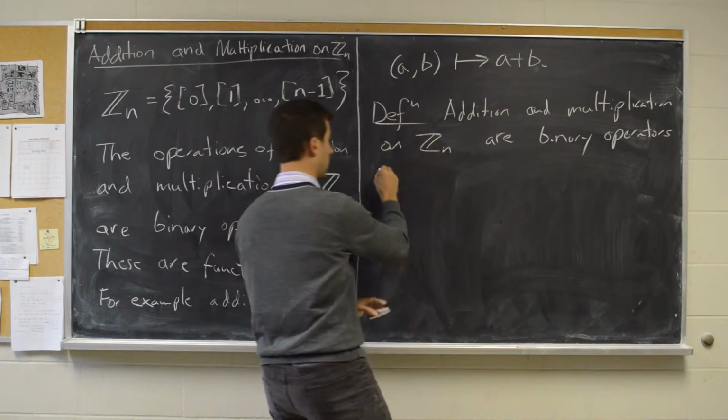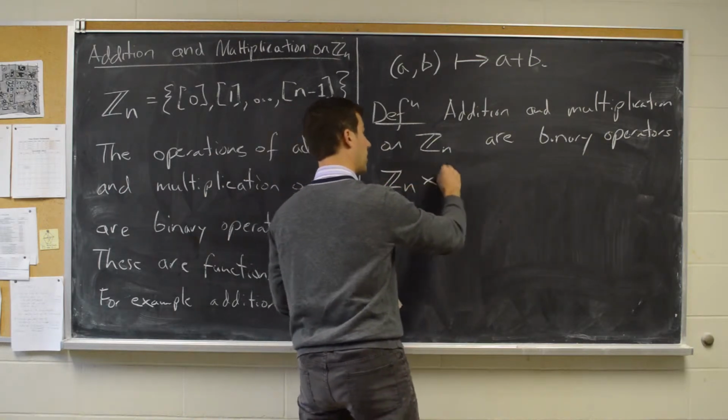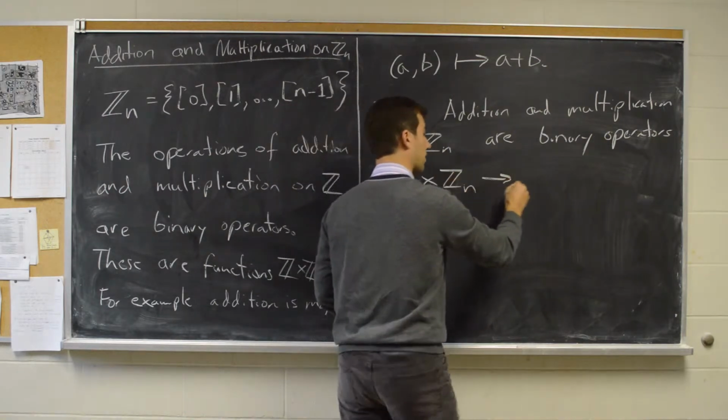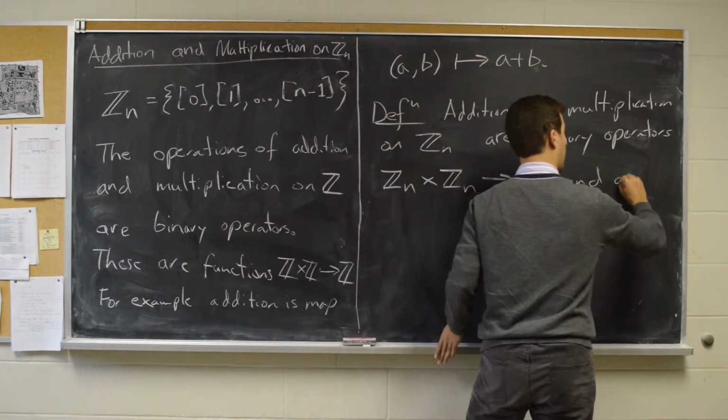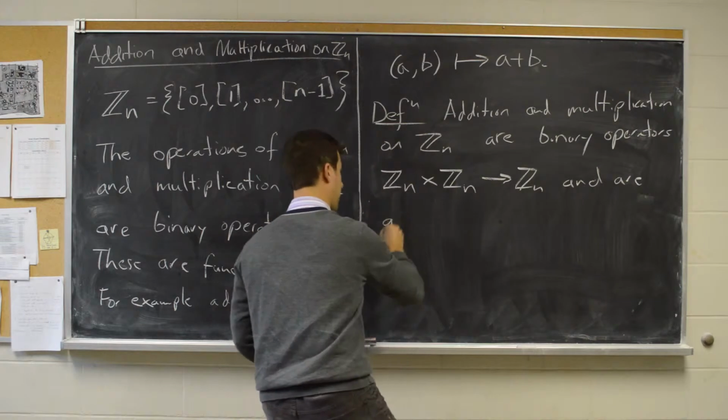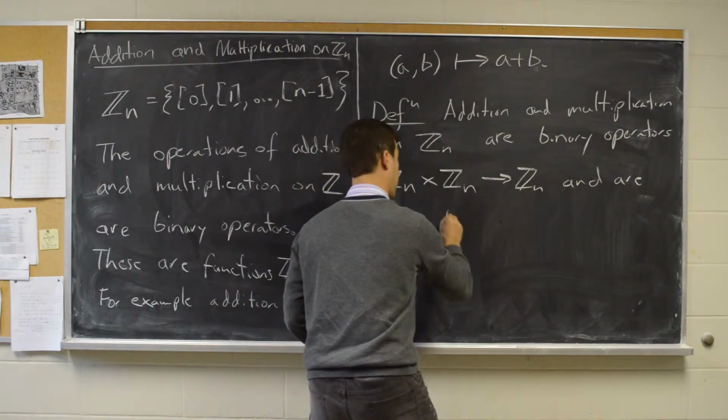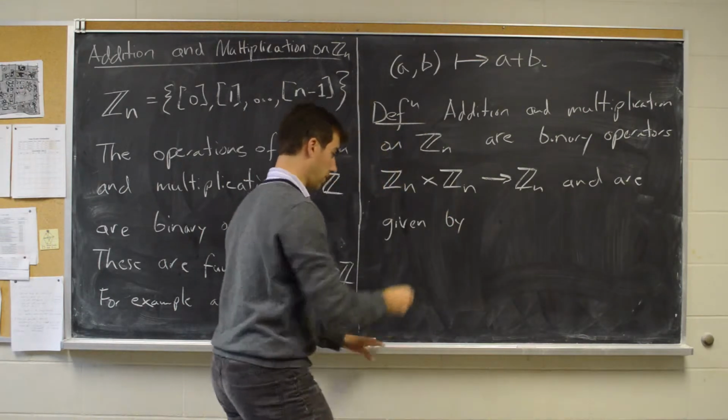So they're binary operators, meaning that they're of the form Zn cross Zn goes back to Zn, and they're given by the following definition, the following formula.